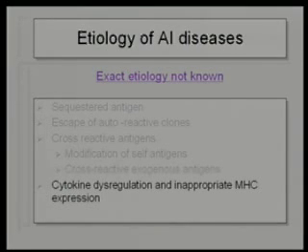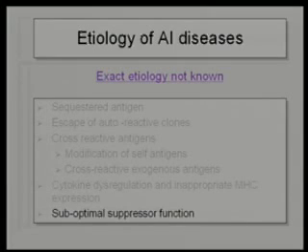There are some cytokines that downregulate the immune response. IL-10, Dr. McCallum, I'm sure, mentioned that. I know he did mention that. And the dysregulation of those cytokines can lead to autoreactivity.